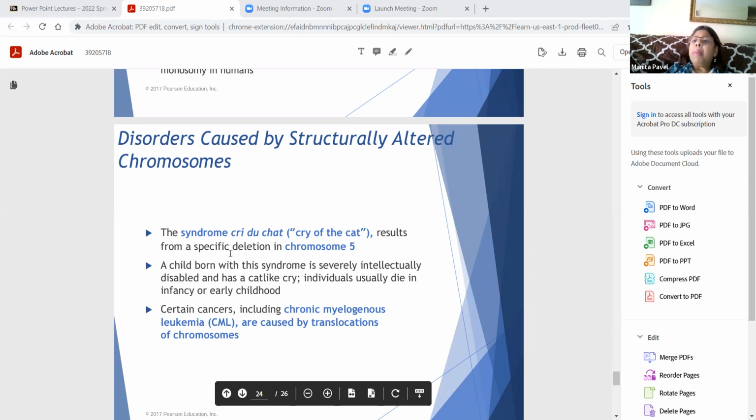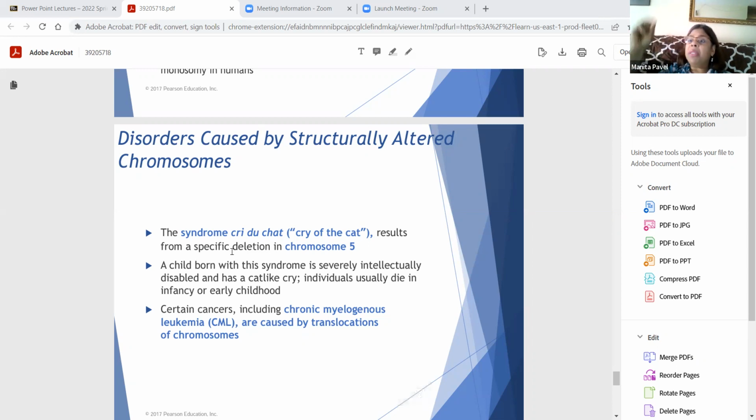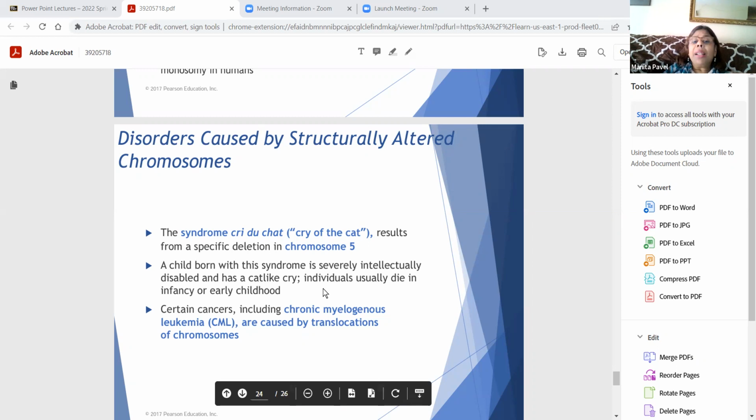And it results from a specific deletion. So one segment on chromosome number 5 is deleted. And the child that is born with the syndrome is severely intellectually disabled and has a cat-like cry. And individuals usually die in infancy or early childhood.